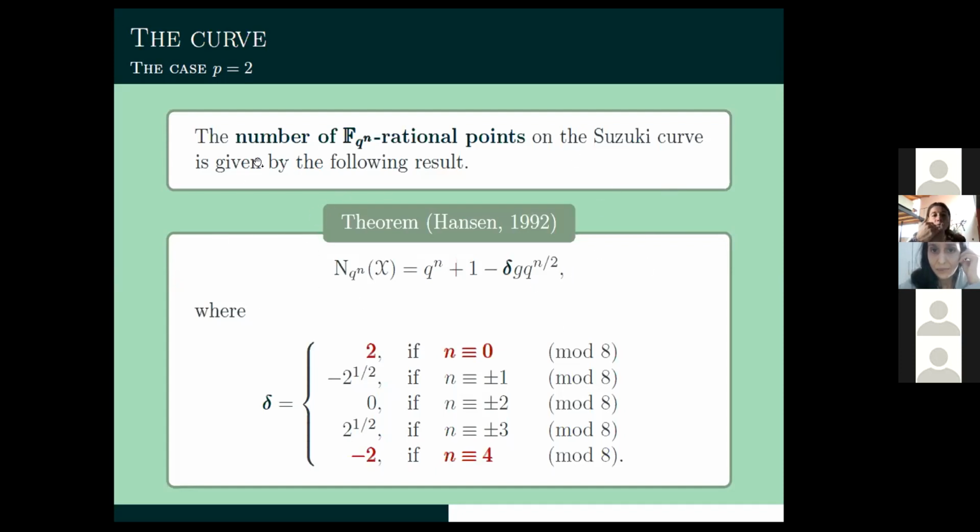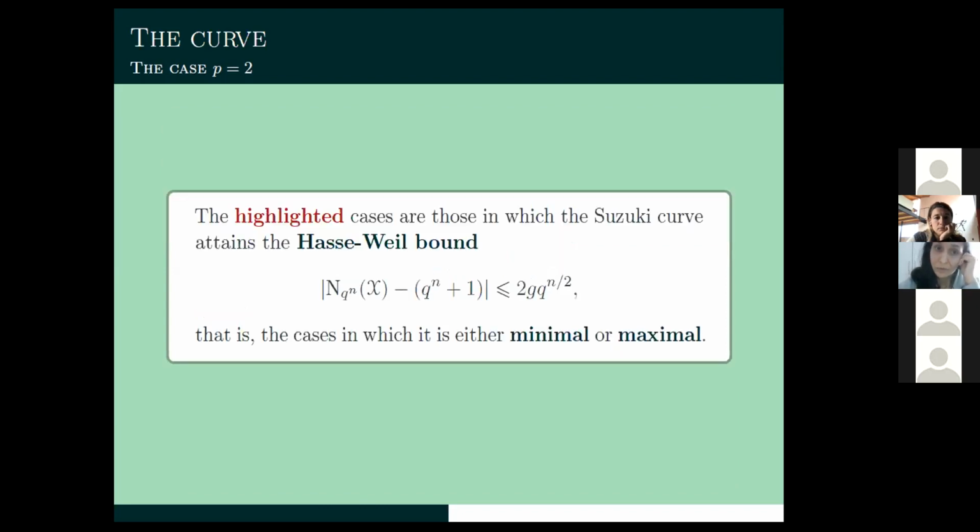The number of rational points on this curve is given by this result due to Hansen, proved in 1992. Here is the full description of the number of rational points of X. I highlighted the first and the last cases, which are the cases in which this curve is maximal and minimal with respect to the Hasse-Weil bound.